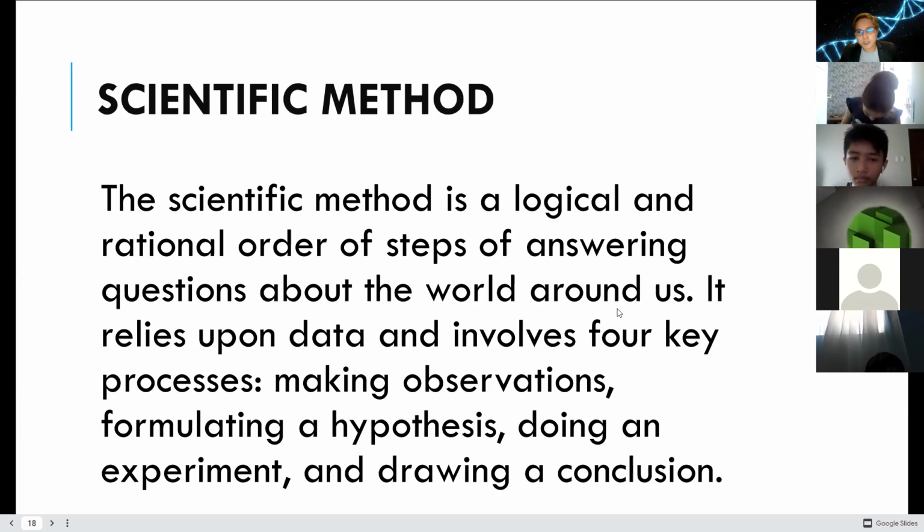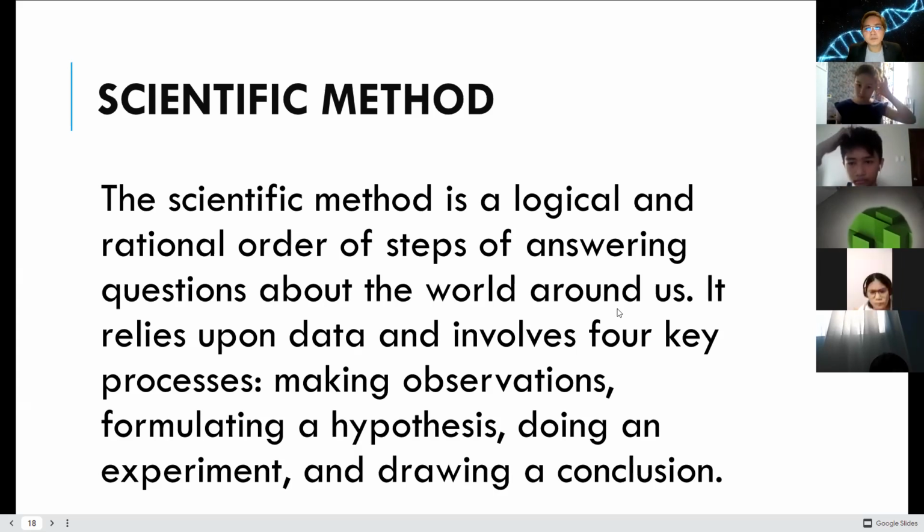There are a lot of questions in our mind, and the logical way of answering them is through the scientific method. Again, do not believe in something that has no logical reason behind it, no proof. That is why until now, scientists still use the scientific method.